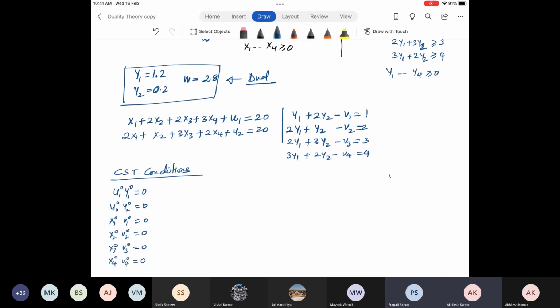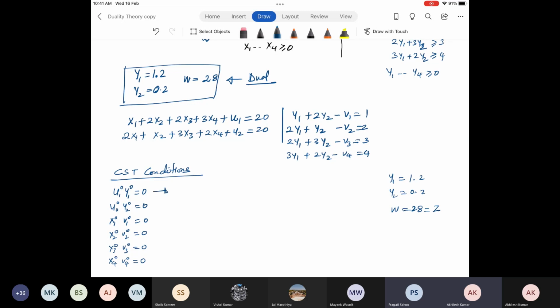We already know y1 is 1.2, y2 is 0.2, and w equals 28. So without even solving this problem, can you tell me the optimal value of the objective function for the primal? 28, sir. So this equals 28. Let's try to find the values of x1, x2, x3, x4.